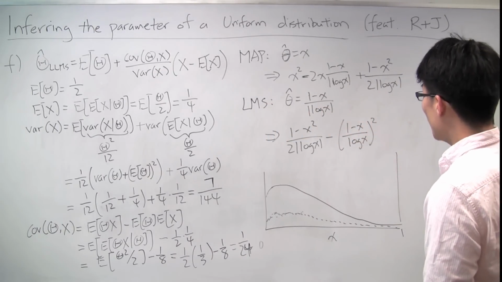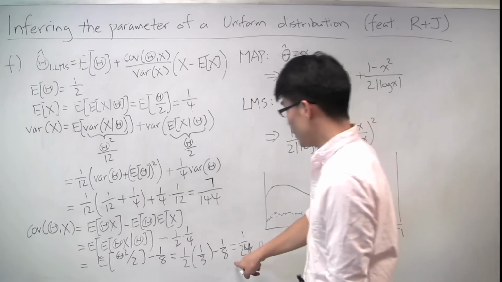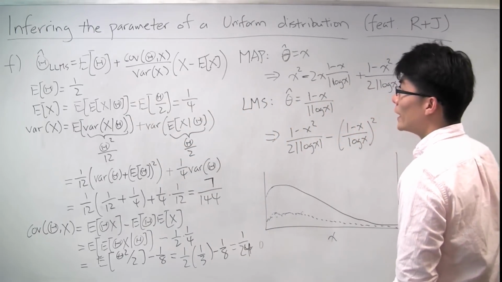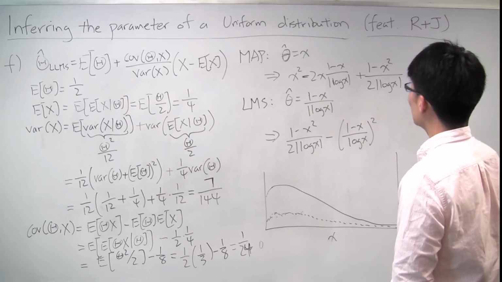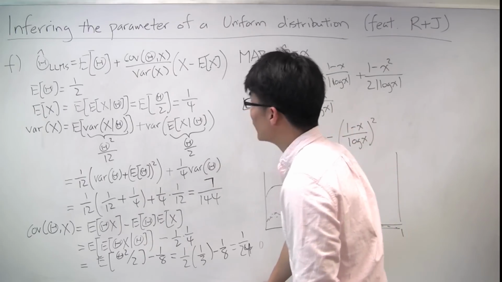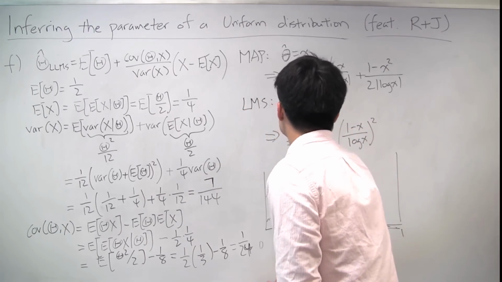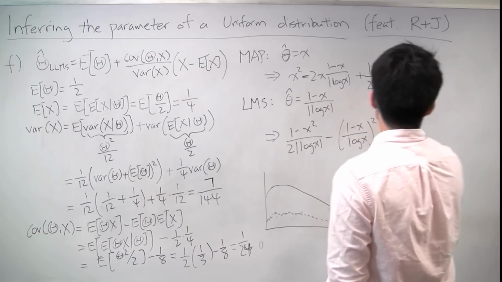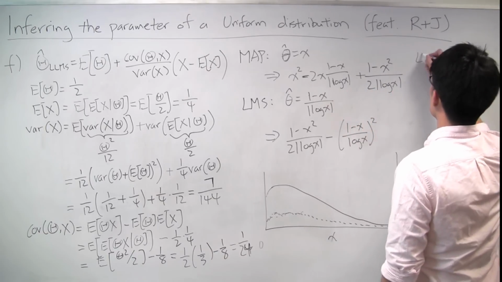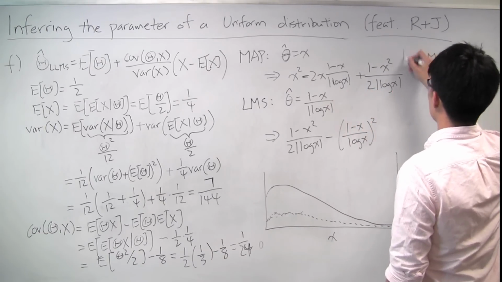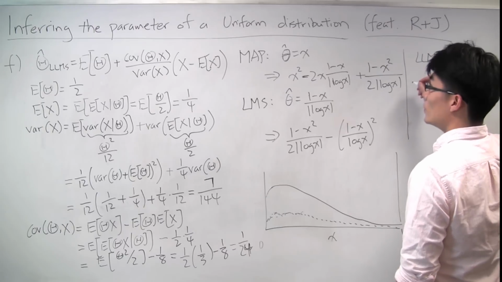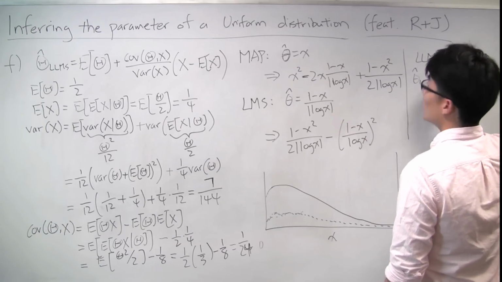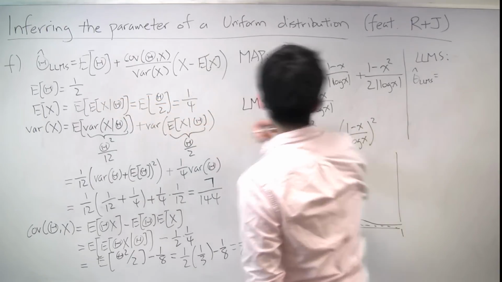Okay. Now let's plug this in and figure out what this value is. Combining everything, the linear LMS estimator is going to be: expectation of theta is a half.